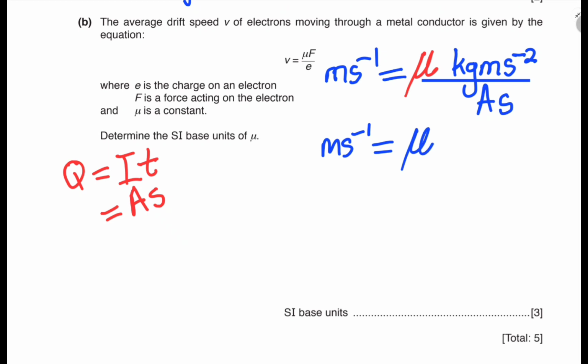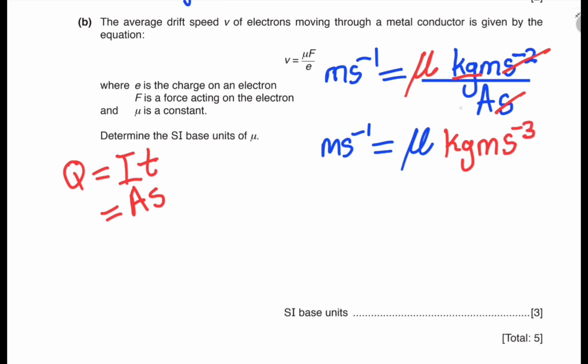So there is my mu for which I am calculating the base units. Kg still remains kg, doesn't change. Then meters is still meters, no changes. Then seconds to the negative 2 divided by seconds to the power of 1, I now have seconds to the negative 3.